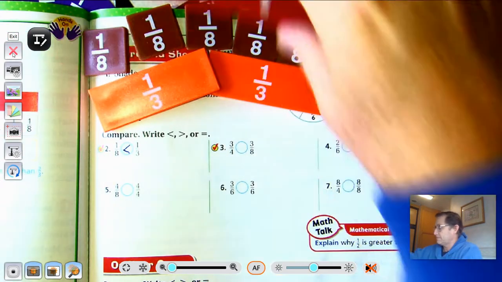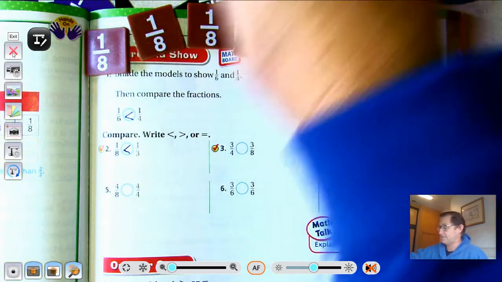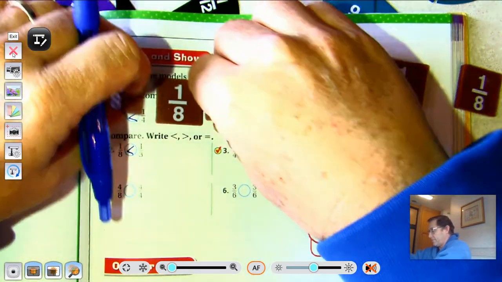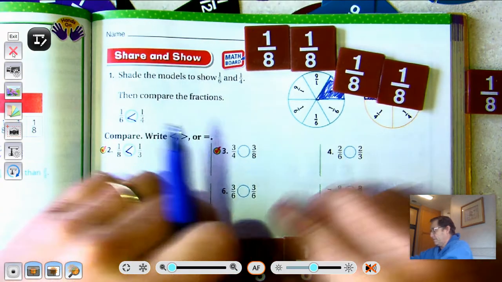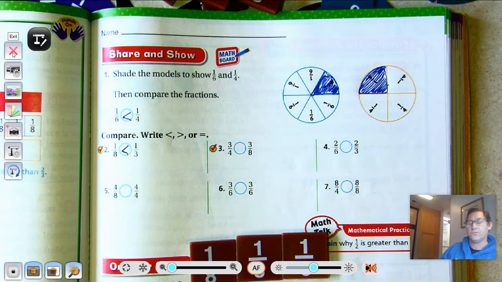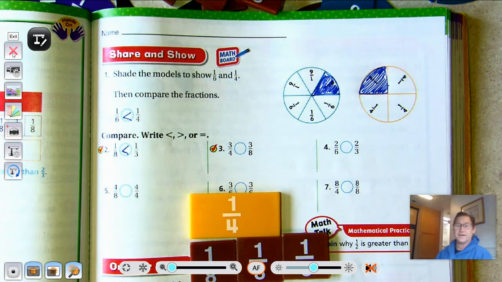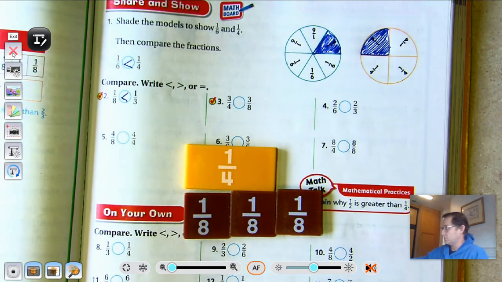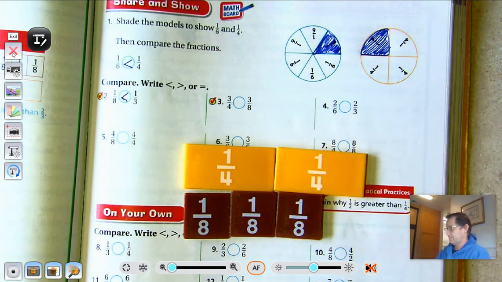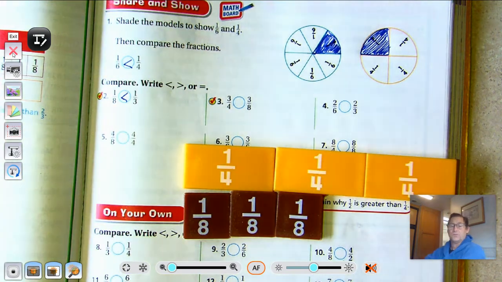3/4 compared to 3/8. So let's get 3/8 compared to 3/4. Oh, well, just looking at one of the fourths, 1/4 is almost the same as 3/8. So 3/4 compared to 3/8.